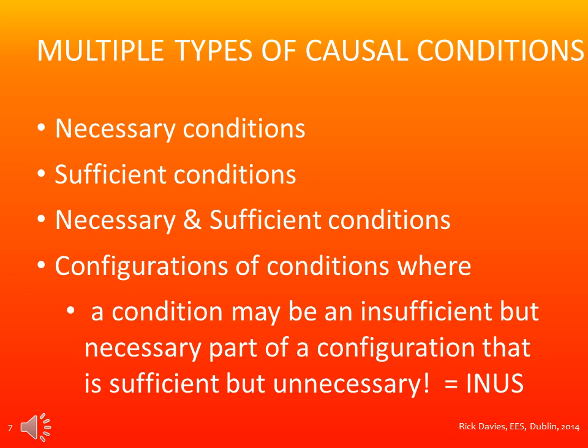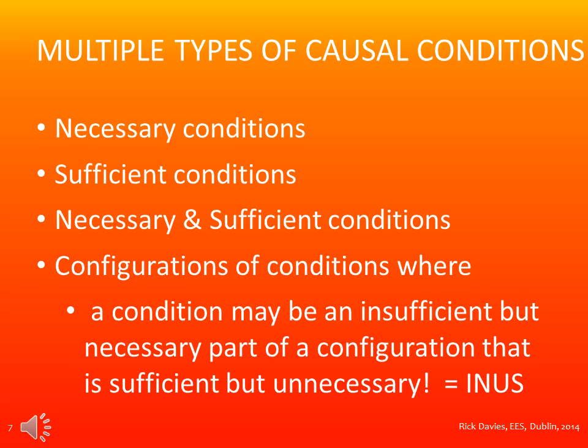In the models which can be generated by QCA or decision tree algorithms, there can be different types of causal conditions present. There can be conditions which are necessary, there can be conditions which are sufficient, there can be conditions which are necessary and sufficient, and there can be configurations of conditions where a condition may be an insufficient but necessary part of that configuration, which itself is sufficient but unnecessary.